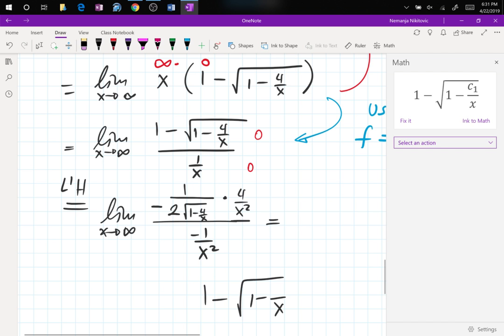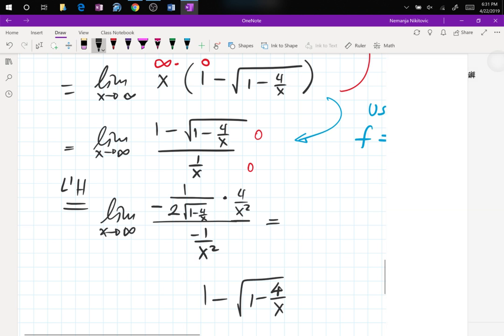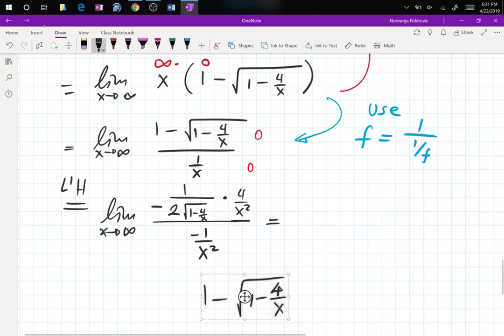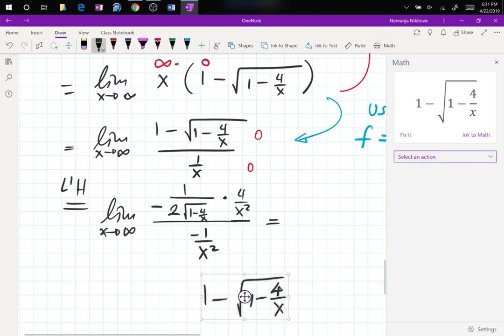I'm not sure why. It's a 4. Select math. Differentiate. And there you go. All right, we have better form.